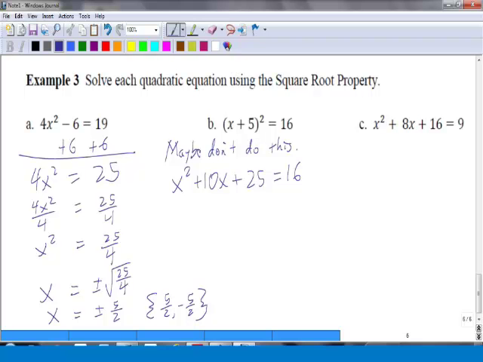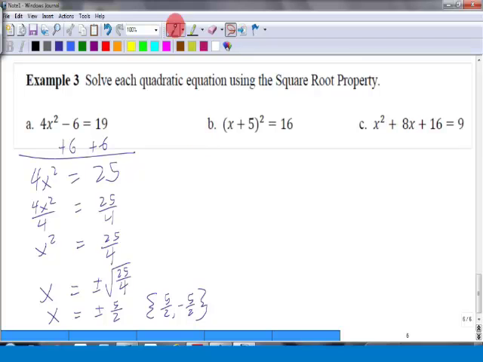So you can factor x plus 9 times x plus 1 and get what solutions? Negative 9 and negative 1. So that would not be difficult. It would not be bad. And so maybe do this. But I'm not going to.